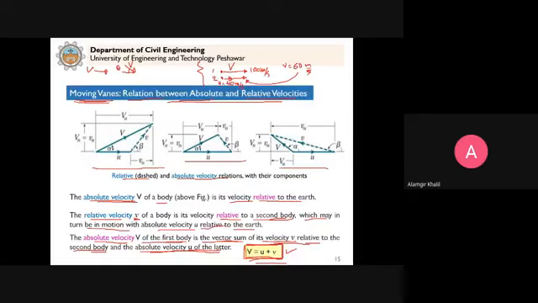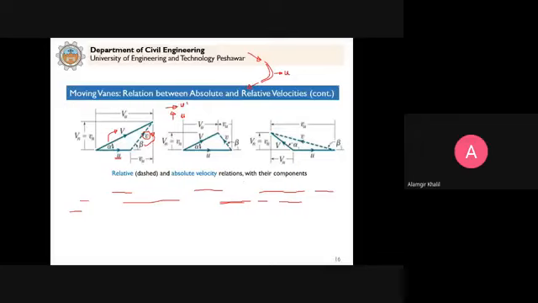If there is no angle theta, then the relationship is simply this one: the absolute velocity of the first body is equal to the absolute velocity of the second body plus their relative velocity. That is the simple relationship. But if the velocities make angles, then what relationship do we want to establish? Parallel to the u direction, the direction of second body movement, and perpendicular to u.